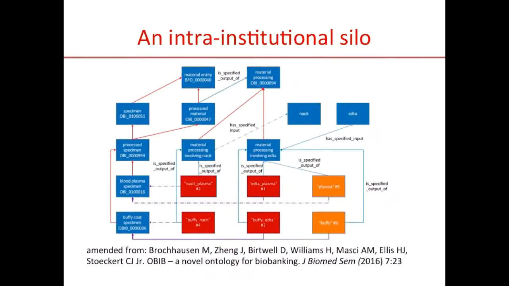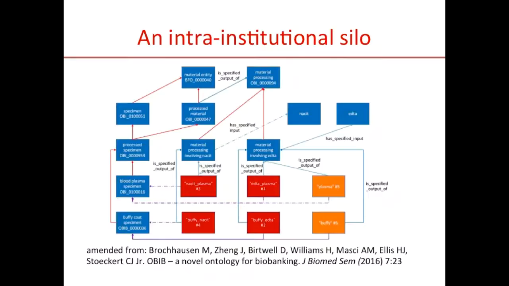People who know me will know that I'm already slightly annoyed, because this is done differently. Here we have the method first in the nested plasma, and in the Buffy we have the method last. So it's not even consistently built, just the words. But it doesn't matter. And then we have the EDTA plasma and the Buffy EDTA. In the other biobank, they didn't do nested at all.